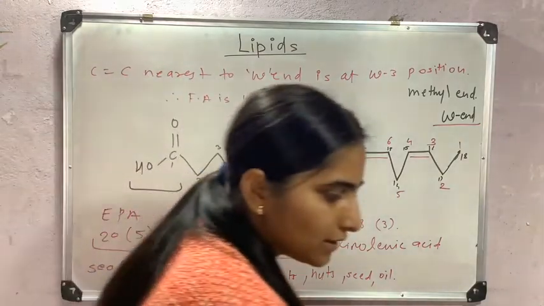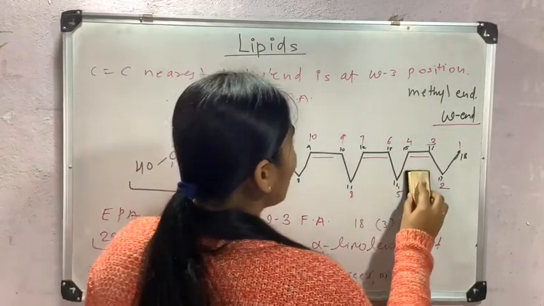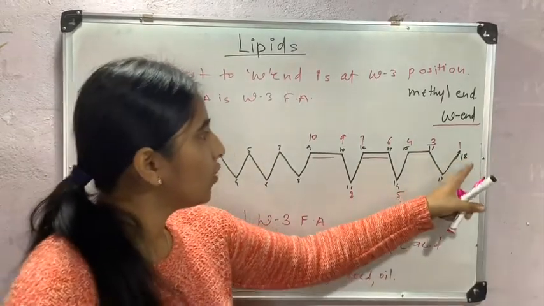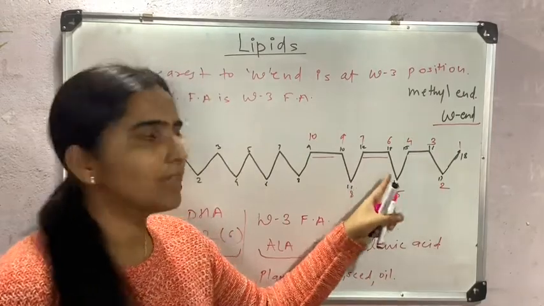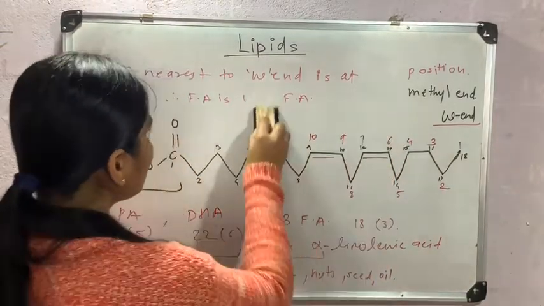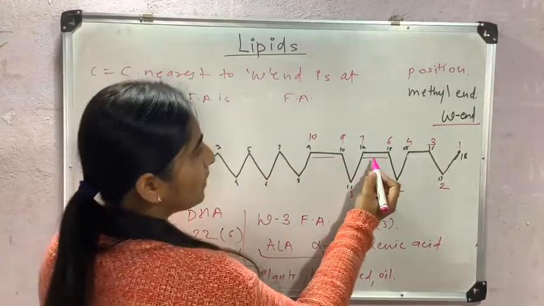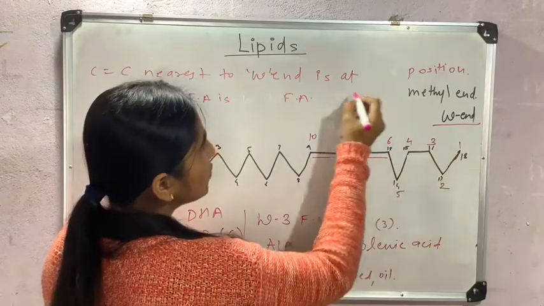And now in omega-6 fatty acid, what happened? The carbon-carbon double bond nearest to the omega end is at the omega-6 position. Therefore, this fatty acid is known as omega-6 fatty acid. See, this carbon-carbon double bond nearest to the omega carbon is at the omega-6 position.